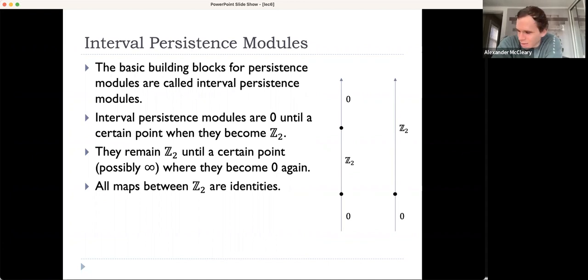So in linear algebra, K is the basic building block, your ground field. Here our ground field is Z mod 2Z. And you can think about these interval persistence modules as playing the role of the ground field in persistence.